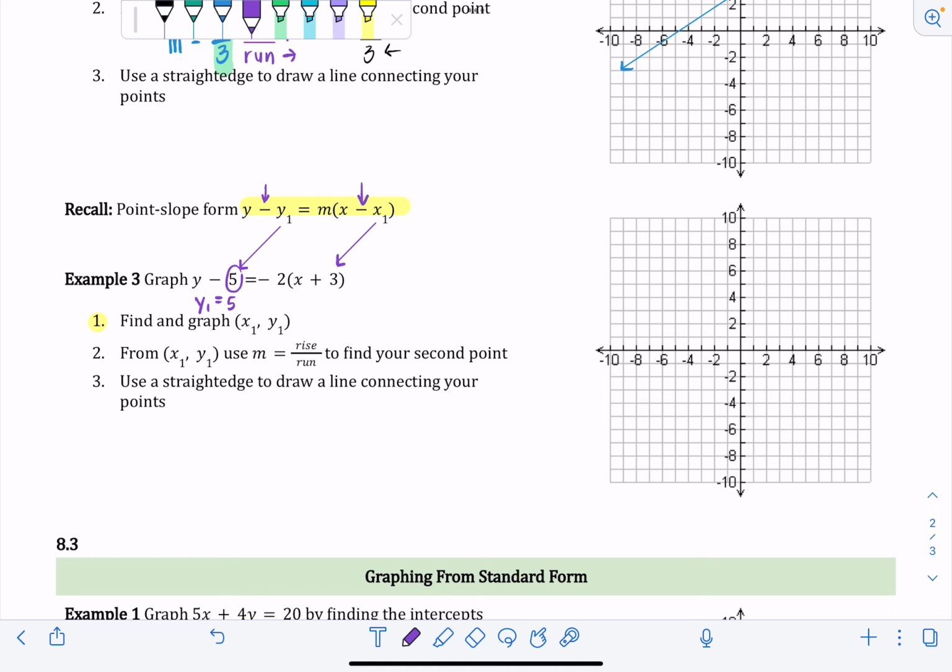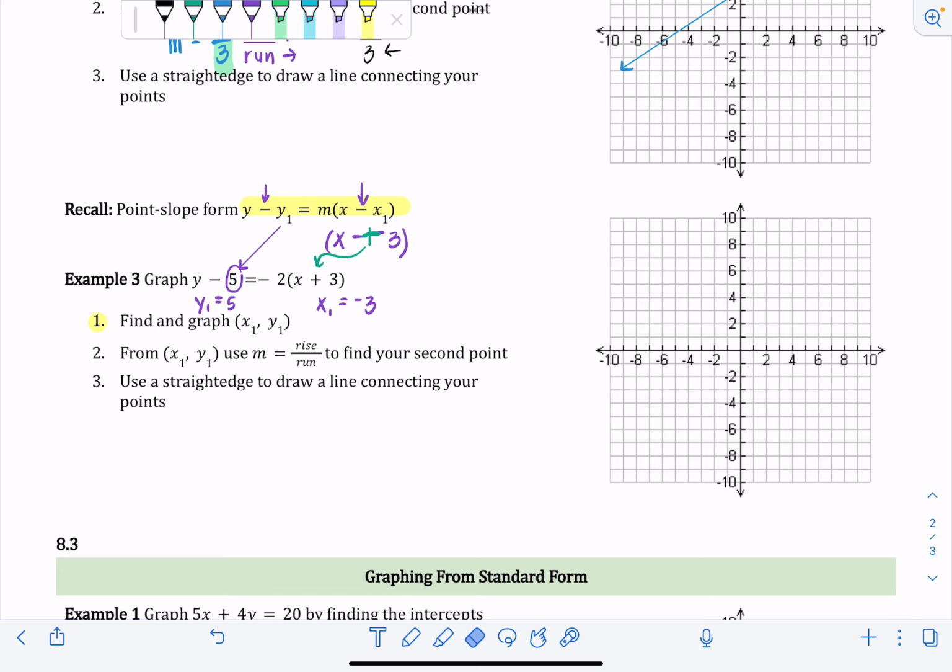The x1 that changes that minus into a plus means that x1 would be negative 3. Because in order to get that x minus x1 to turn into this plus right here, it's actually x minus negative 3, and that double negative turns into the plus we have down here.